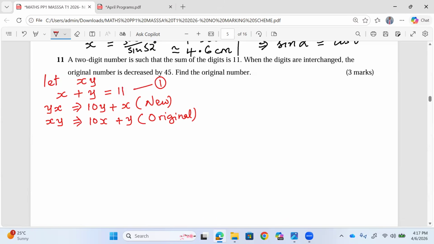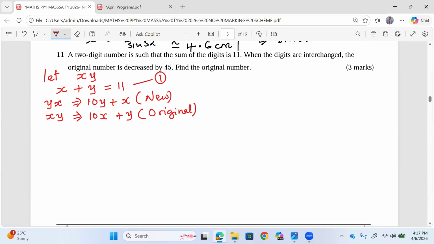Look at the statement now. When the digits are reversed, the original number is decreased by 45. It becomes smaller by 45. So we can say that the original number minus 45 should give us the new number. The value of the new number is equal to the original number minus 45.